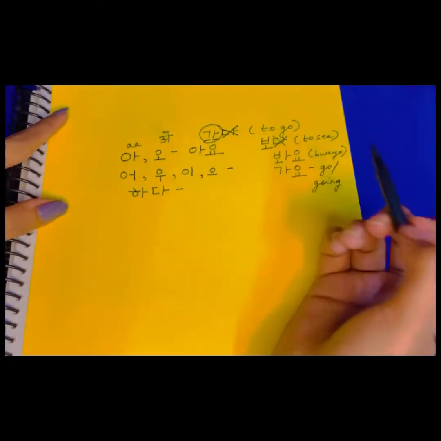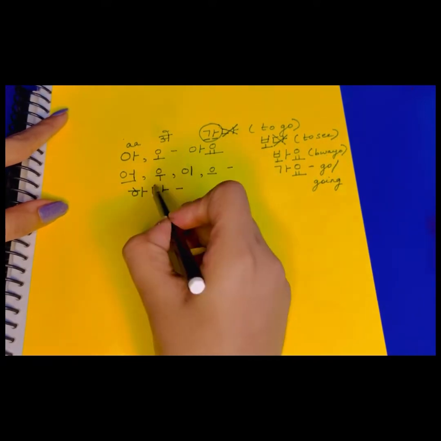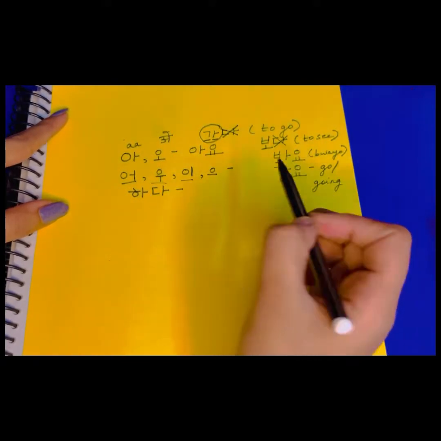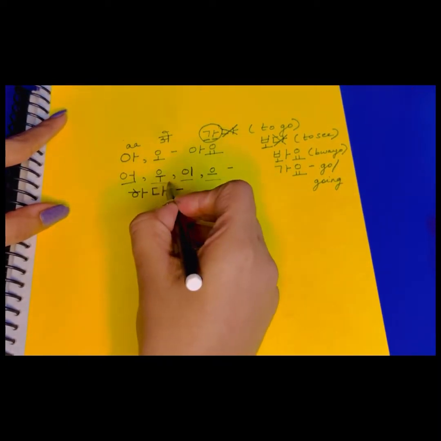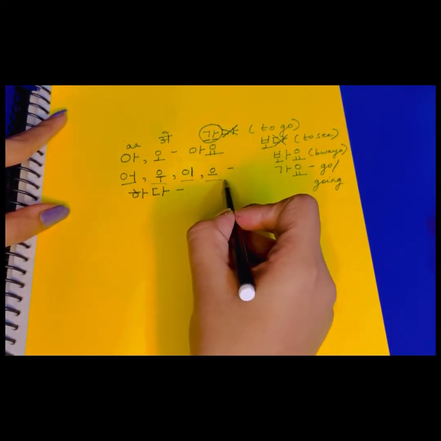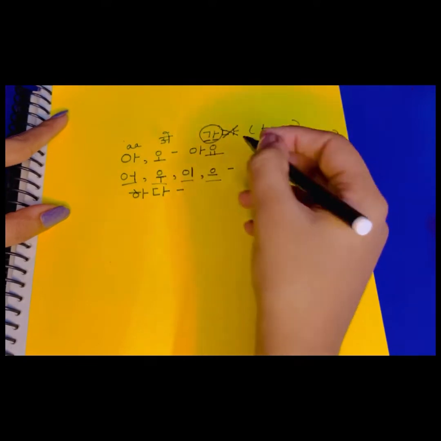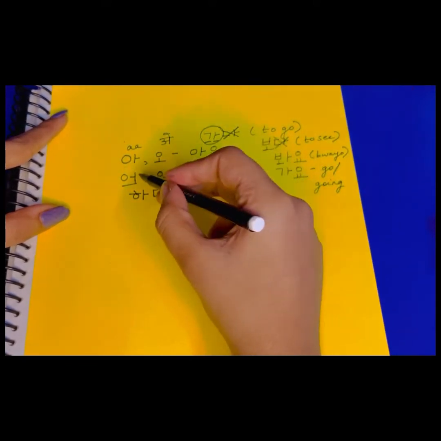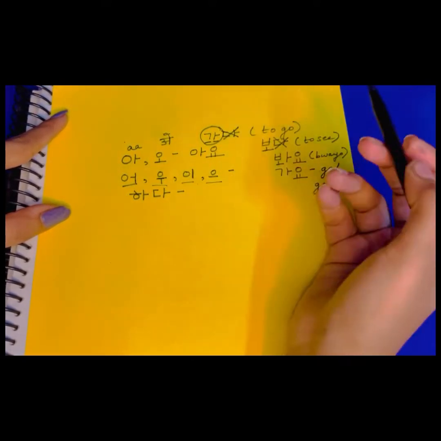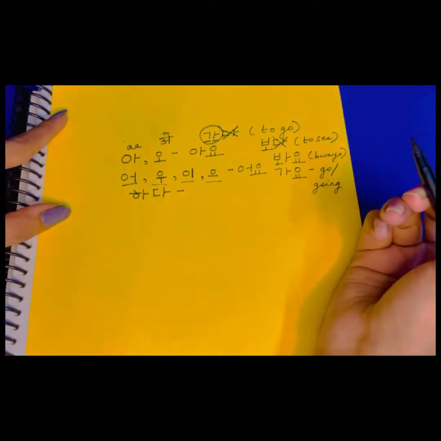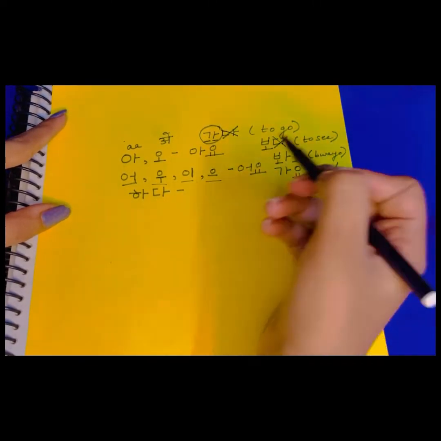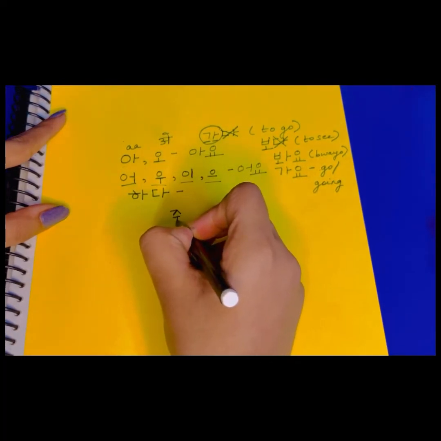Okay. Then we conjugate o, u and e. This is the vowel o, this is u, this is e. Whenever any word ends with these vowels, when you remove da, then it becomes oyo. Like the word chuda.